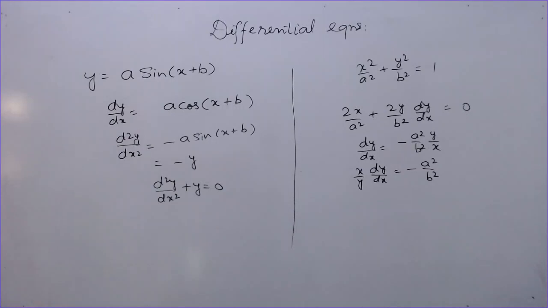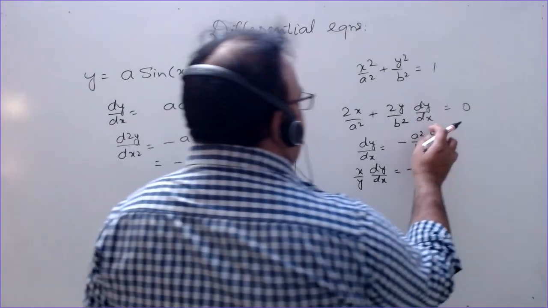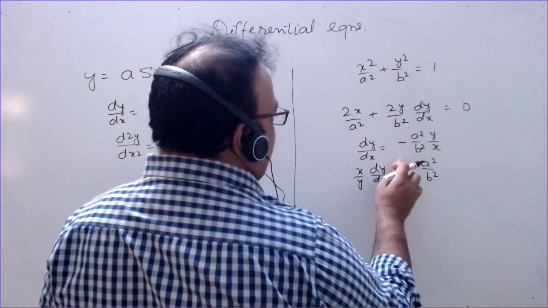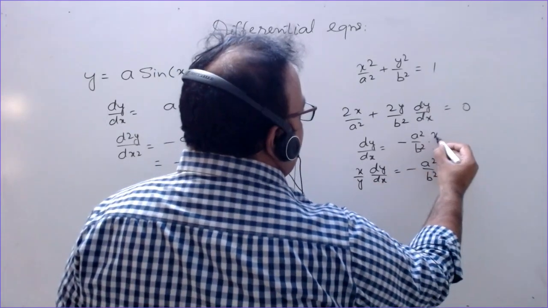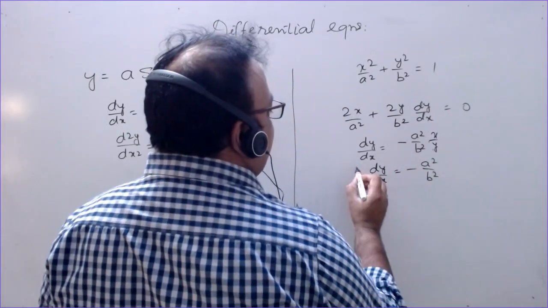So you can differentiate this again by using the formula of the derivative of u by v, where u and v are both functions of x and y. Now let us solve this. So I can write dy by dx is minus a square by b square, y upon x.